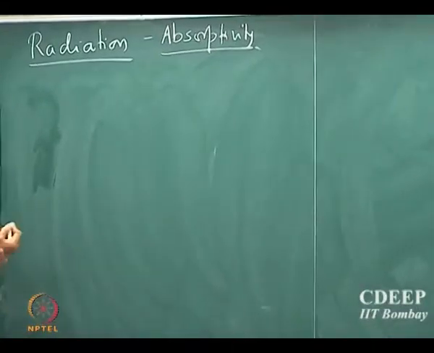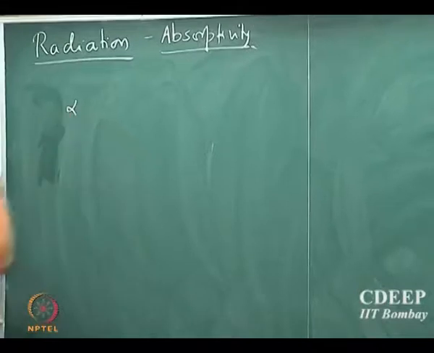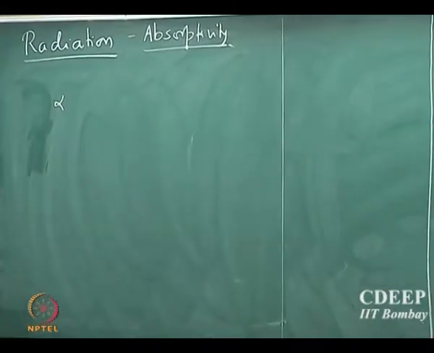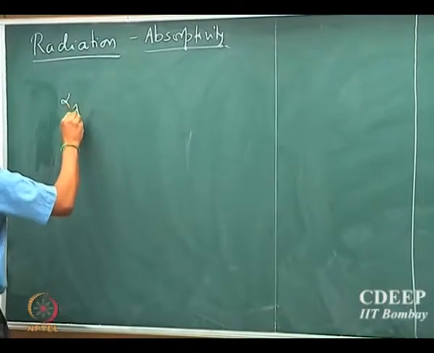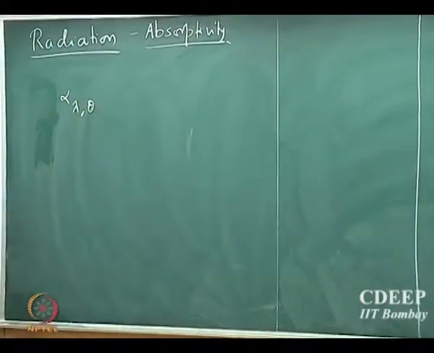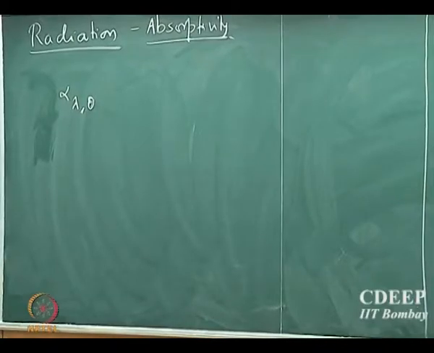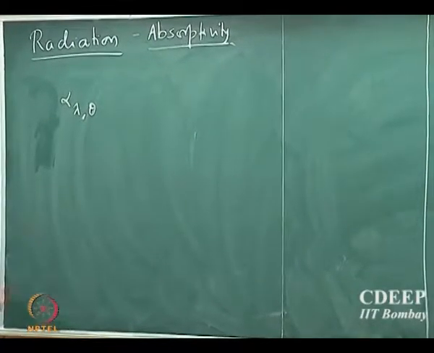Alright, so alpha is the symbol given for absorptivity, which is in line with the nomenclature in your textbook. That's going to be a function of the wavelength and of the position as well.